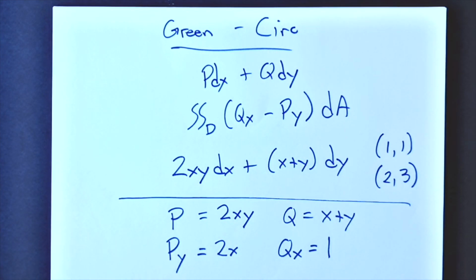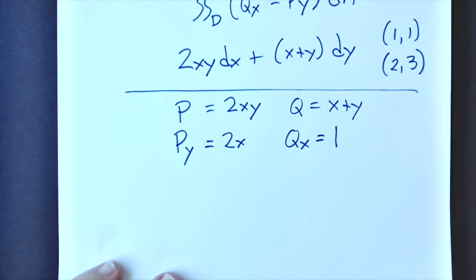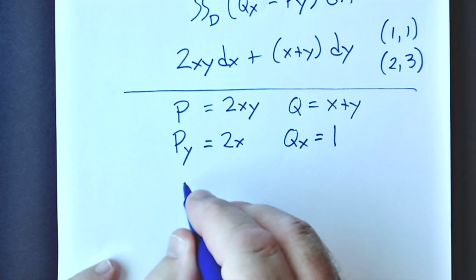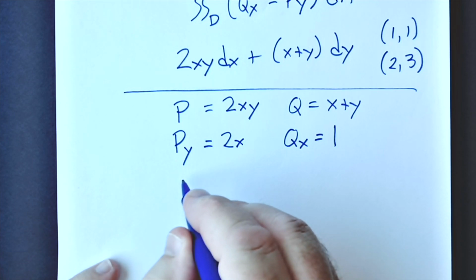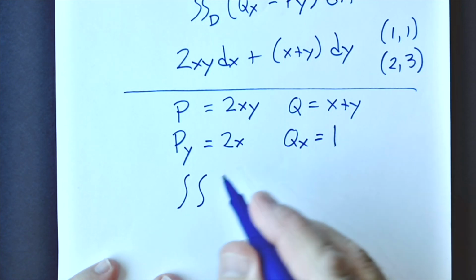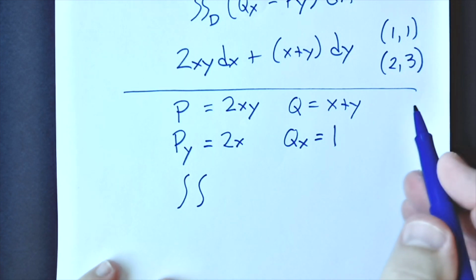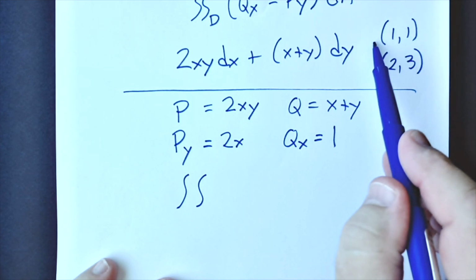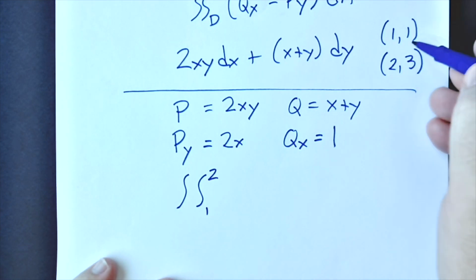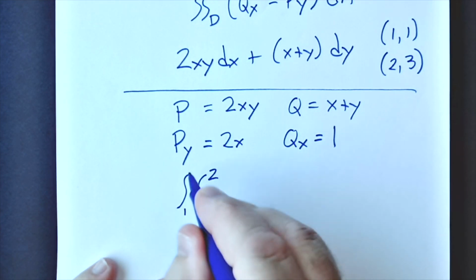So then we can plug all of this into our double integral here. We can vary the way we do this, but let's do the x's first. So if I look at the x's, I'm going to go from 1 to 2. And then the y's are going to go from 1 to 3.